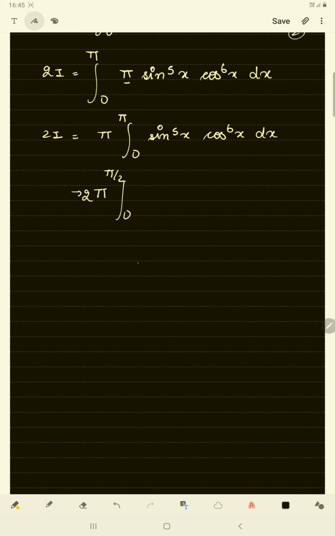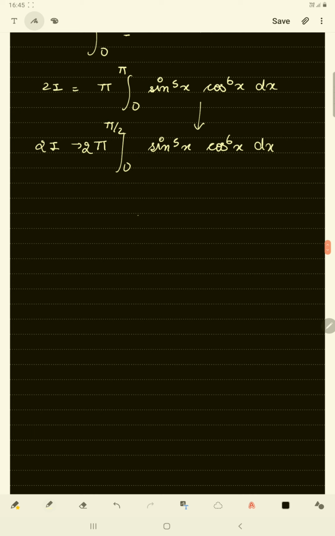You can take a 2 out of the upper limit, as we discussed in the previous videos. So we have sin^5 x cos^6 x dx. This is the step that most students miss. Now we can just cancel the 2, so we have I is equal to pi times the integral from 0 to pi by 2 of sin^5 x cos^6 x.